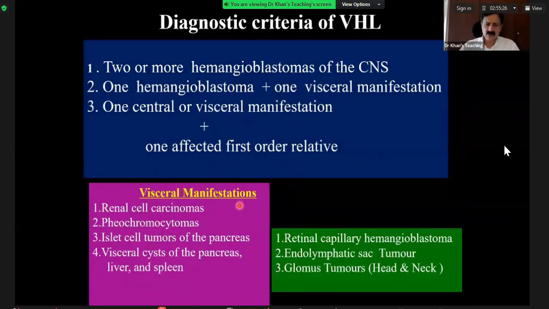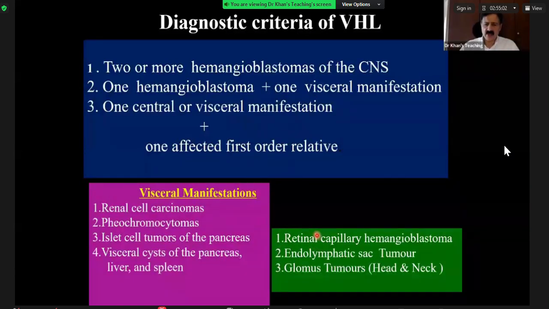And the visceral manifestations, which you must remember, include renal cell carcinoma, pheochromocytomas. There can be islet cell tumors of the pancreas. There can be multiple cystic tumors of the pancreas, but there can also be true cysts of the pancreas, with true cysts of the liver and spleen.